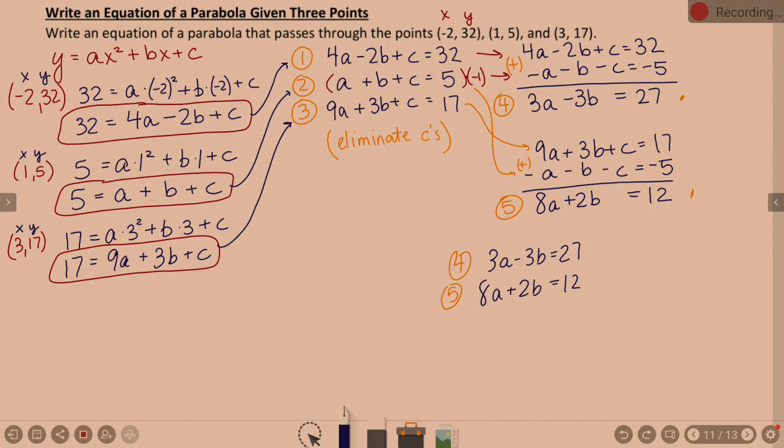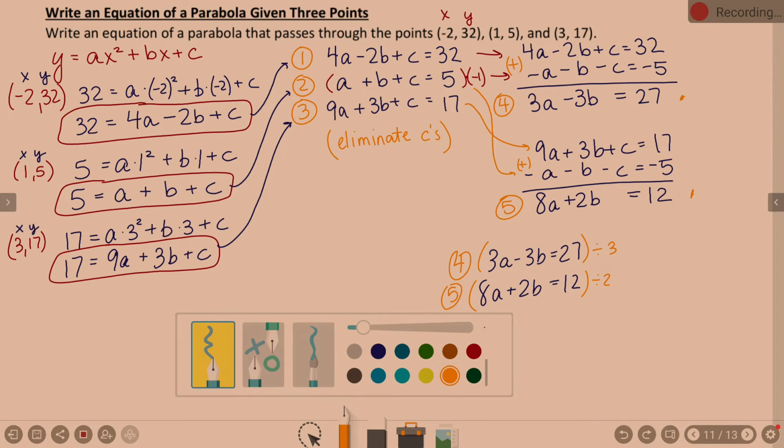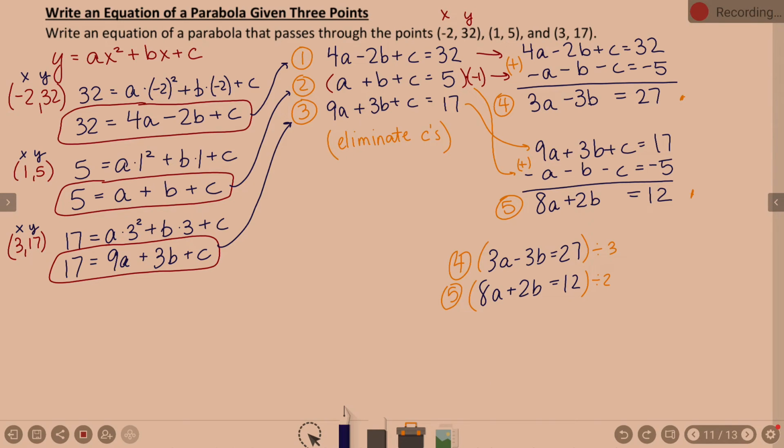Okay? So if you see it, I'm going to suggest that we could divide the top one by 3, divide the bottom one by 2. Basically, we're dividing out the GCFs, and in this case, it works. Because my top one becomes a minus b equals 9.